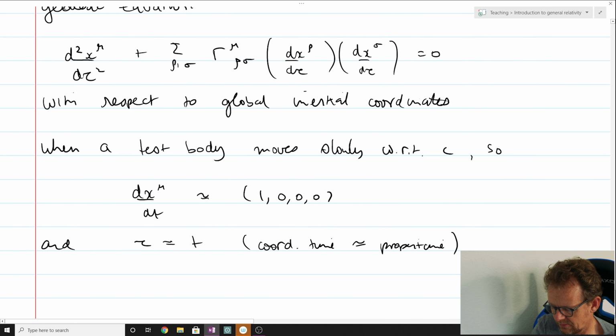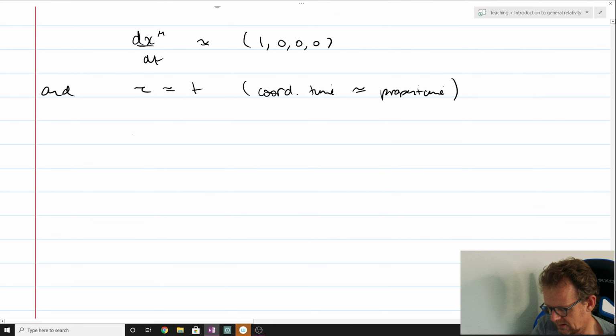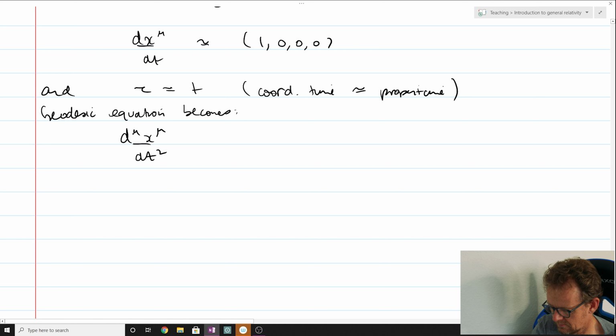And when we make that assumption, we see that loads of terms here vanish. Hardly any of the components are going to matter for the calculation of the acceleration of our test particle. So the geodesic equation simplifies beautifully, and we only have to deal with these four components of the Christoffel symbols.